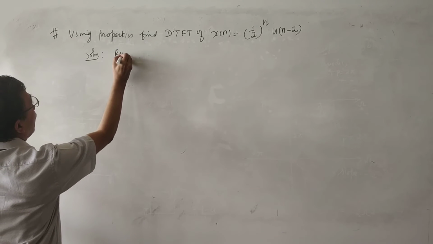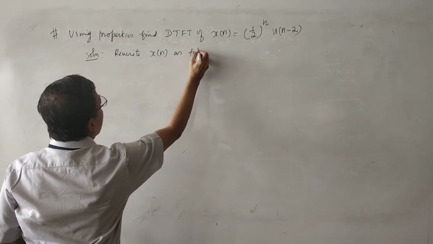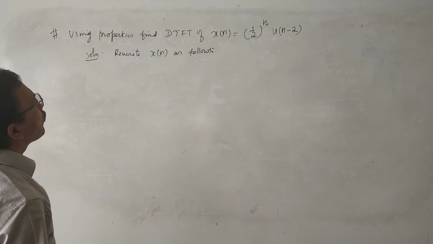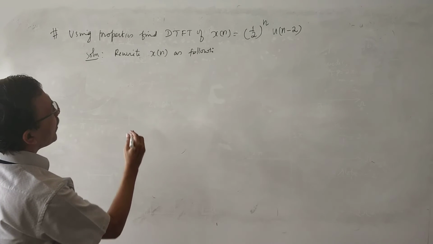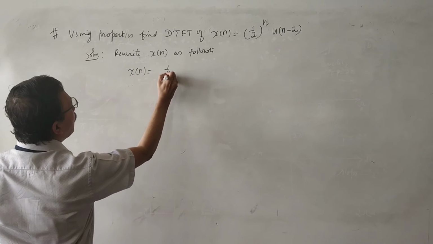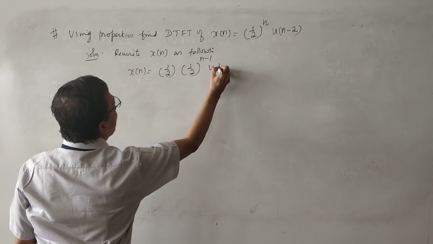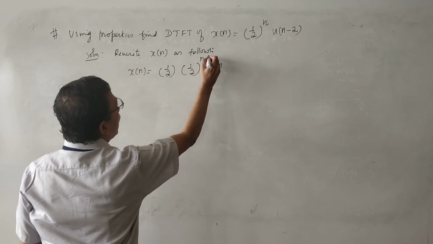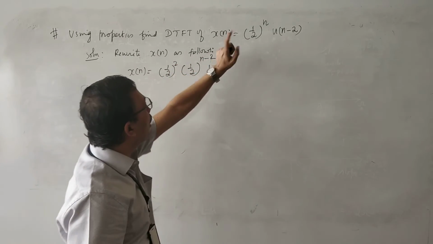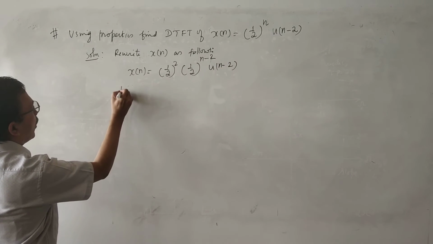Therefore, I will rewrite x of n as follows. x of n equals half to the power n minus 1 into half to the power n minus 2, this is half square. Half square into half to the power n minus 2 is nothing but half to the power n into u of n minus 2.